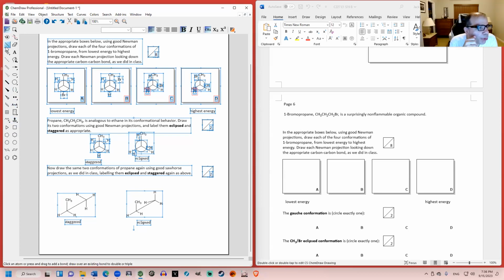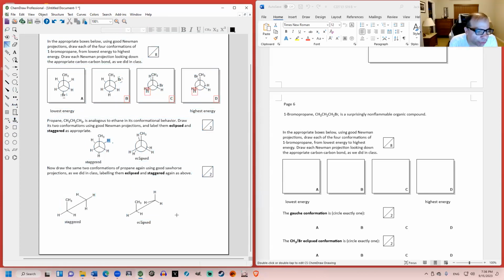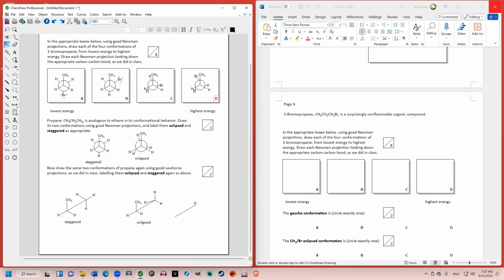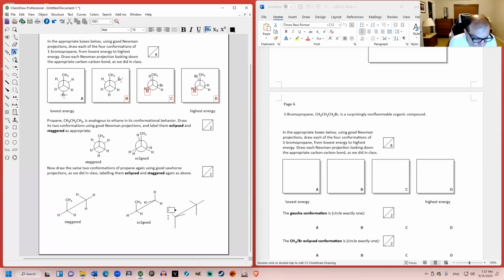I think you're getting thrown off by whether it needs to look exactly like that. Let me draw you another eclipsed conformation. Okay, cool. Equally acceptable. I'll even put the methyl group over here.